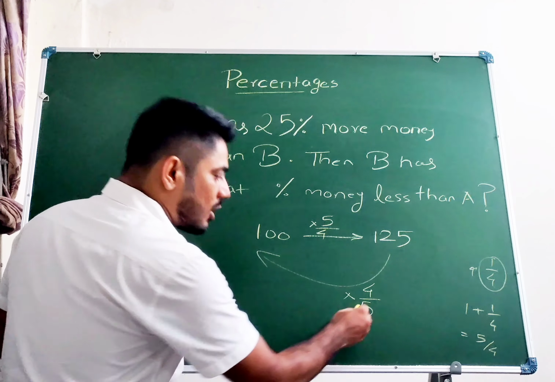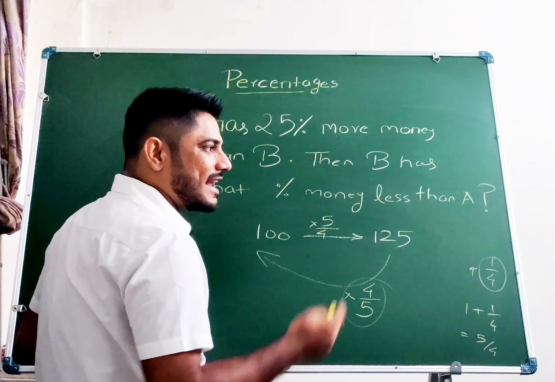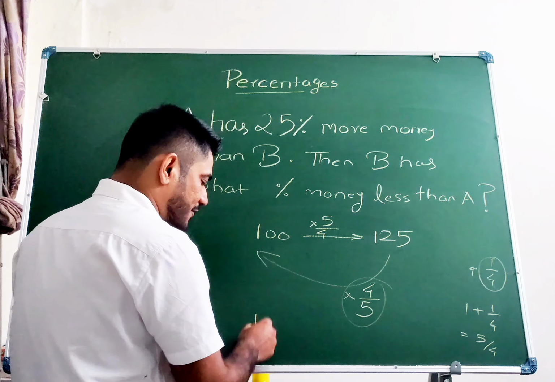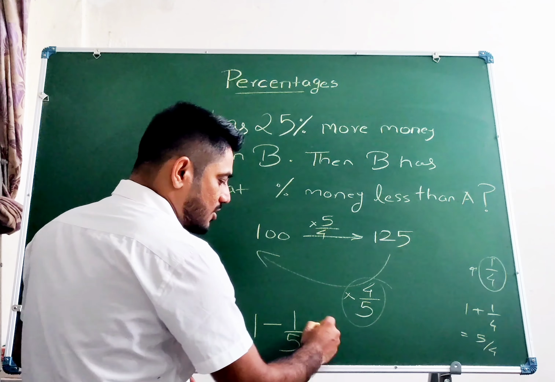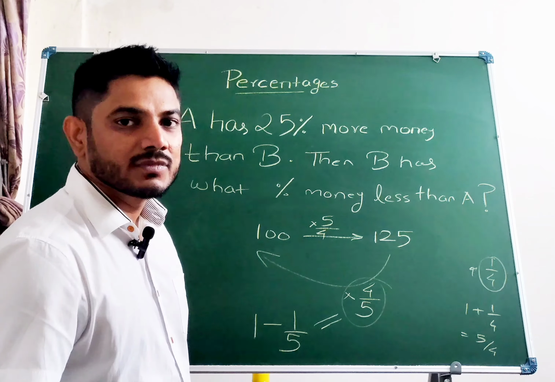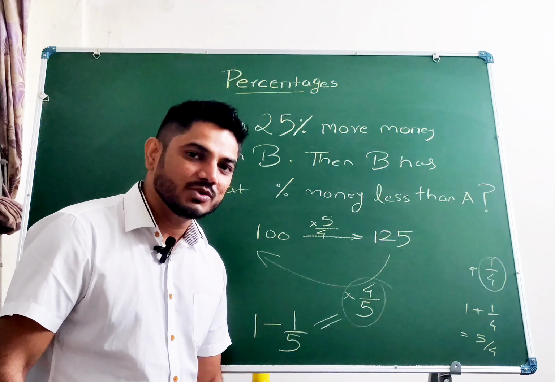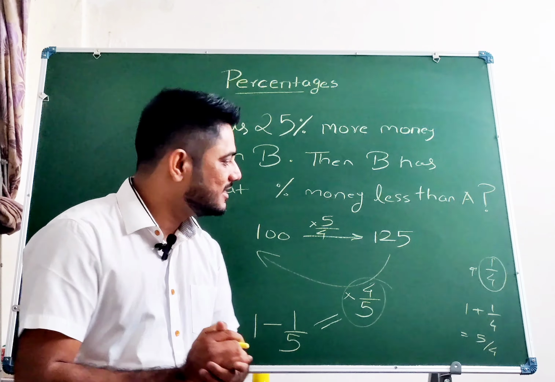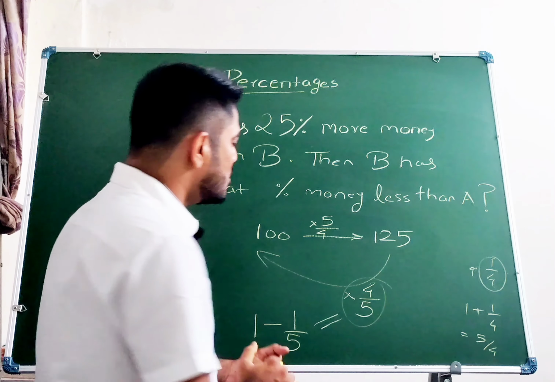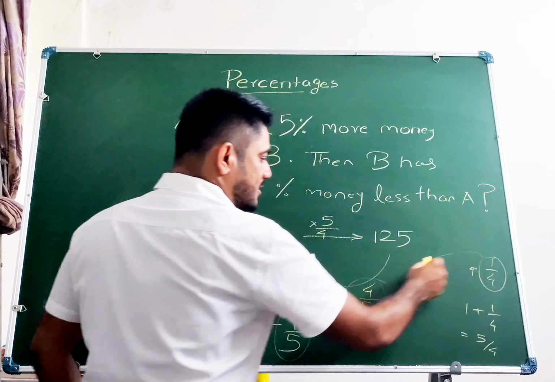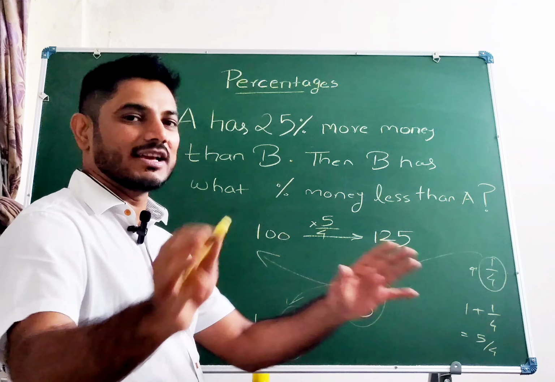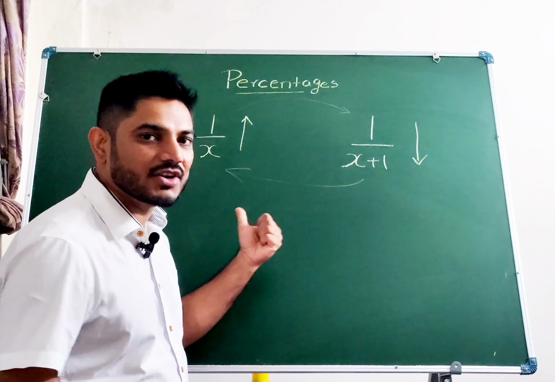Right? Now, what is this 4 by 5? Can I say the actual value, if it was 1, I have to reduce it by 1 by 5 to get 4 by 5? And what is 1 by 5 in ratio? It is 20%, which was our answer. Right? So, this is percentage offset. Let us relate these two and generalize it. This is the trick.